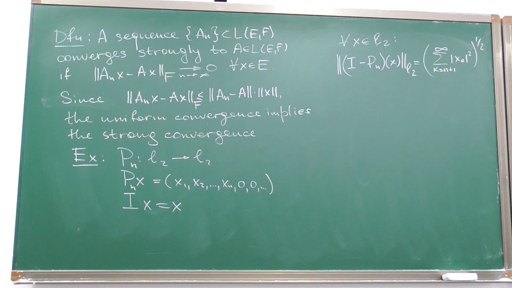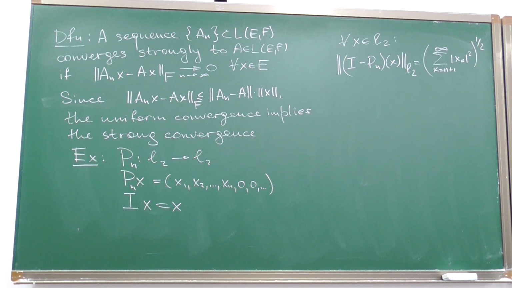So the operator P_n keeps the first n coordinates. The operator identity minus P_n sets the first n coordinates to be 0 and keeps the rest of the coordinates. So all of them are here in this sum.